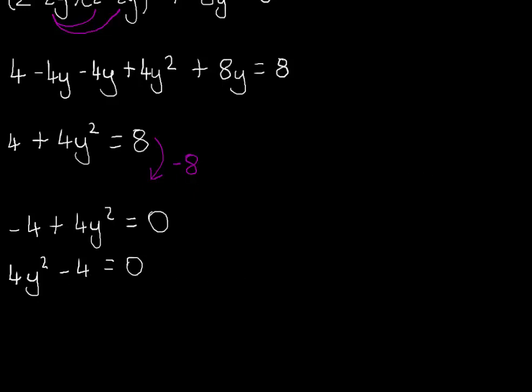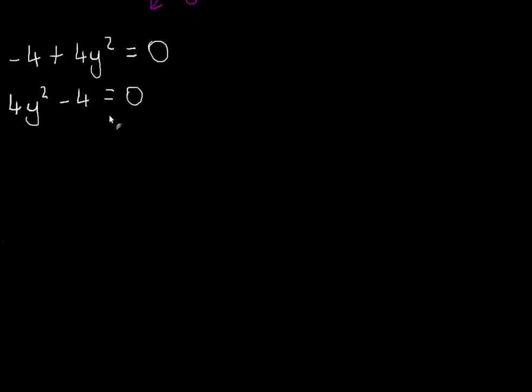Now, I'm hoping already you've spotted something here. This is all squared. 4y squared is squared, and minus 4 is a squared number, and we're subtracting it. So this is what we call a difference of two squares.